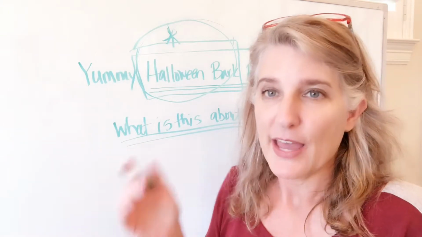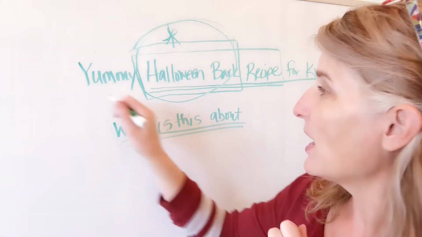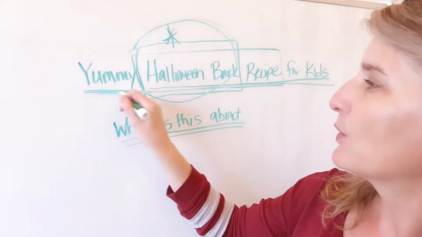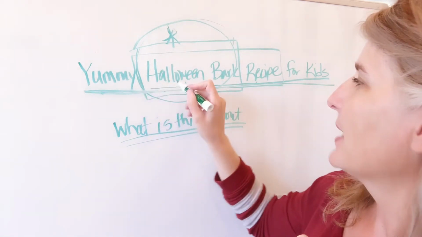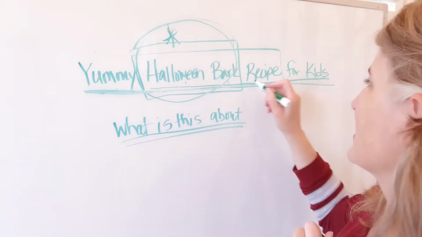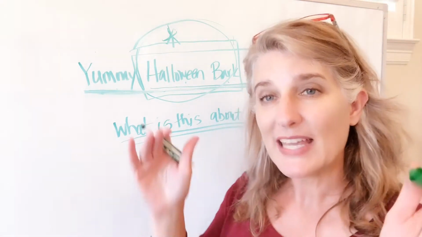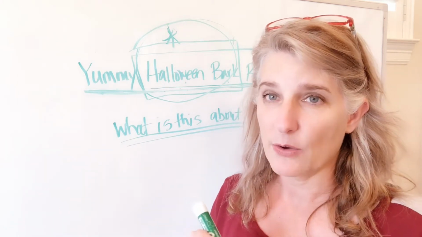No. If we're not getting anything, then quite honestly, it's fine to use the really, really long one, because then Google might see it as yummy Halloween recipe, yummy Halloween bark recipe for kids, Halloween recipe for kids, and all that kind of stuff. So that longer phrase is fine in the grand scheme of things.